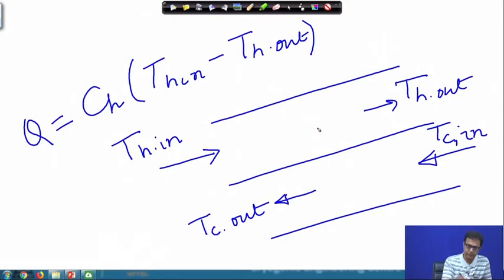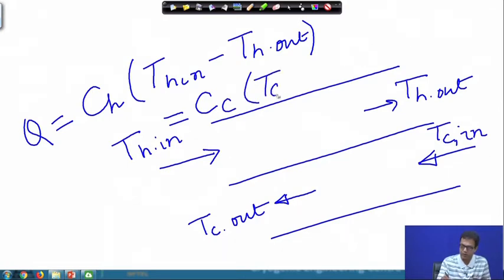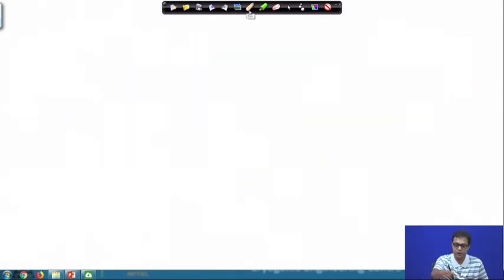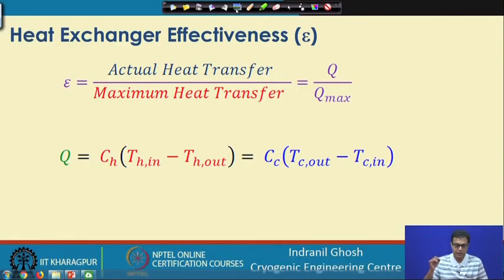Similarly, this can also be written as C C times T C out minus T C in. So, this is the actual heat that is getting transferred. What we need to now look at is the maximum heat that can be transferred in this process.